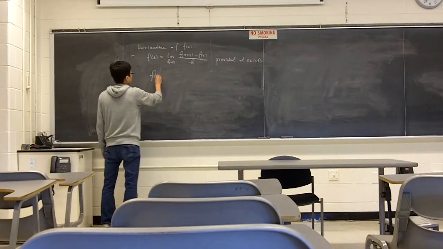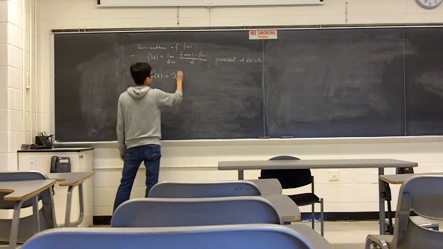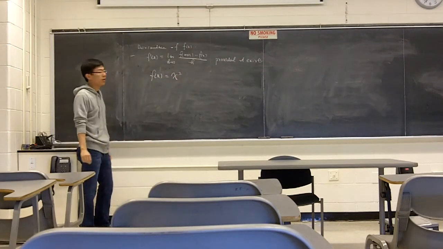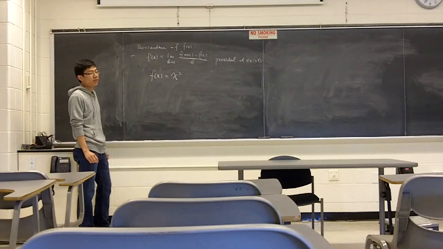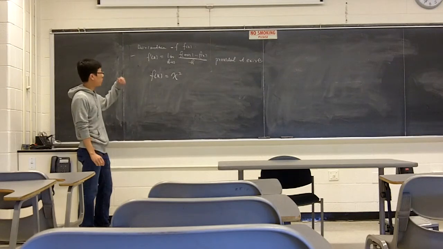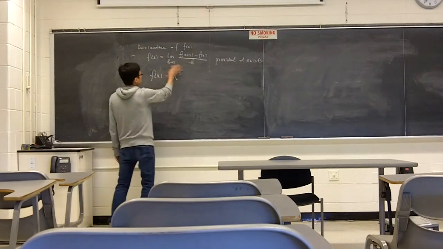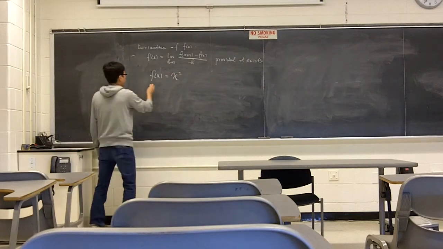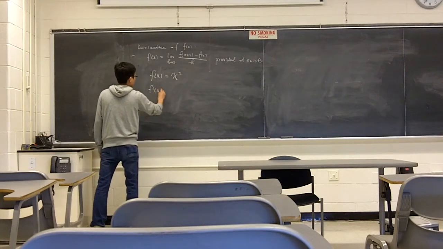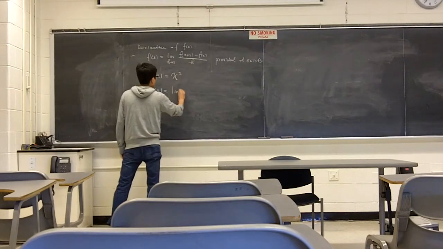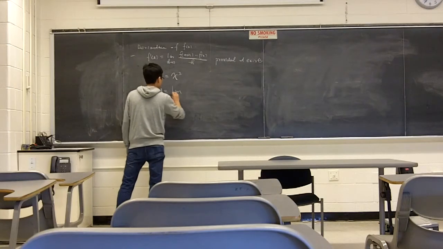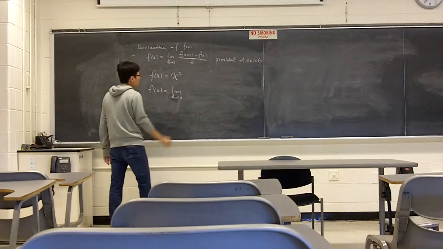Like if f(x) is equal to x squared, so what is the derivative of x squared? So now by the definition, I show you the derivative. f prime of x is equal to the limit as h goes to 0.